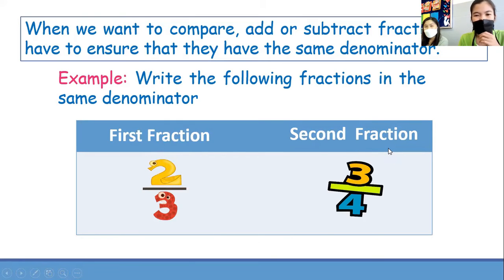If we look here, they don't have the same denominator. We have 3 and we have 4. So this time we are going to convert them so that they will have the same denominator. Are you ready? To convert this, we have to follow 2 steps.